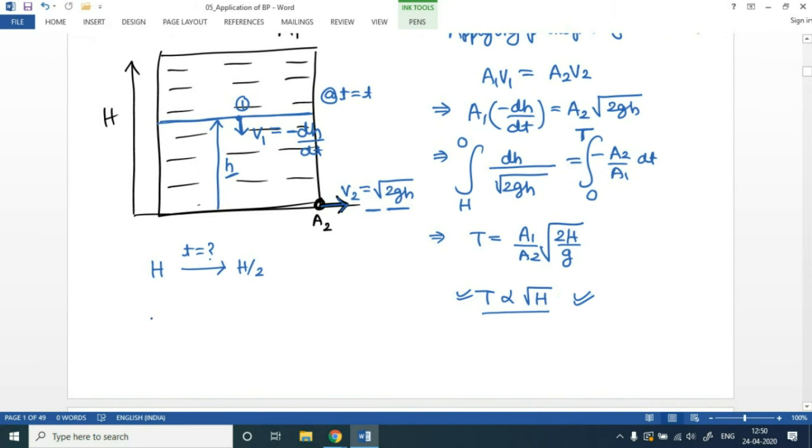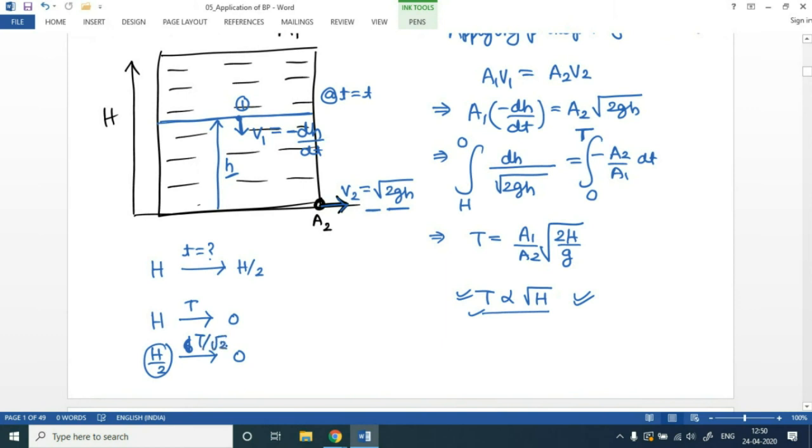So like for example, from h to 0, the time taken is T. So from h by 2 to 0, using this proportionality, T is directly proportional to root h, and we are trying to empty the half filled container, so this is going to be T by root 2 over here.